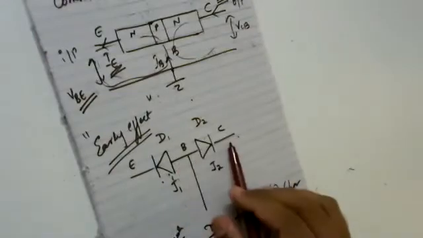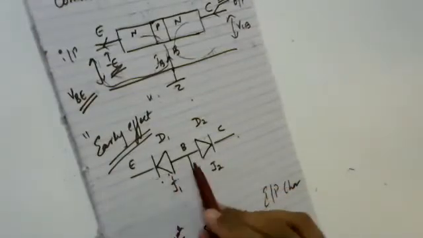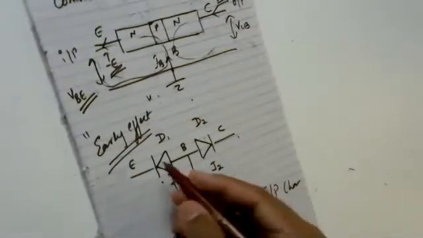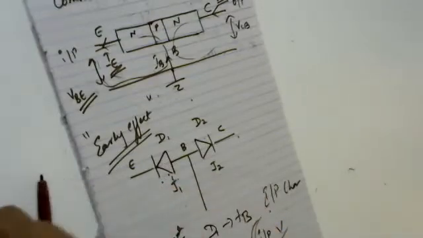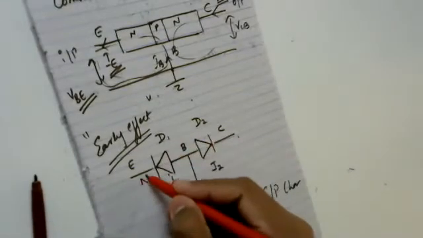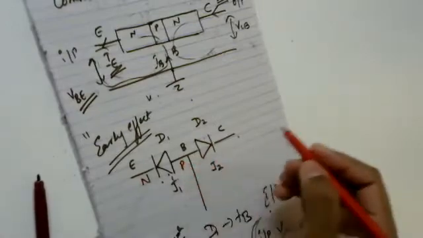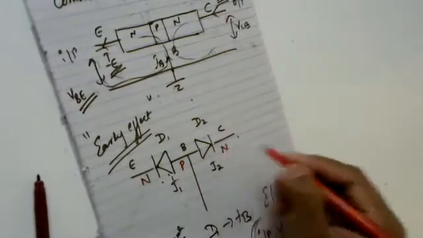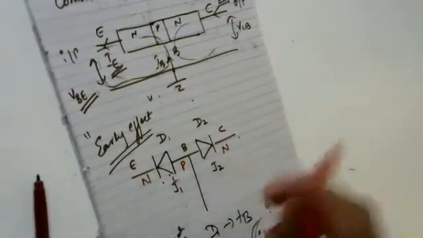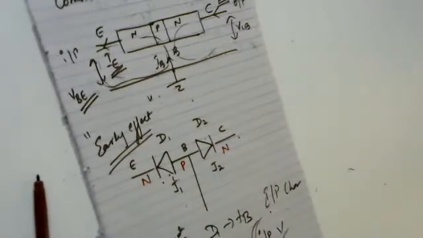Now, since we have defined the two diode model, wherein we have indicated diode D1, diode D2, indicating my emitter, base, and collector, which is nothing but this being my N side, this being my P side, and this is once again my N side, an NPN transistor.